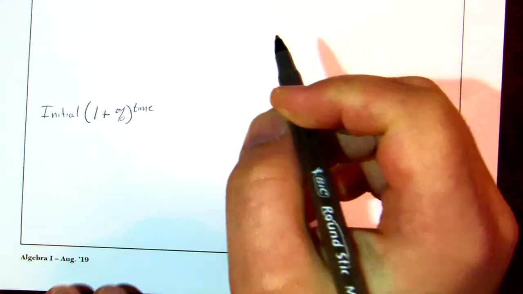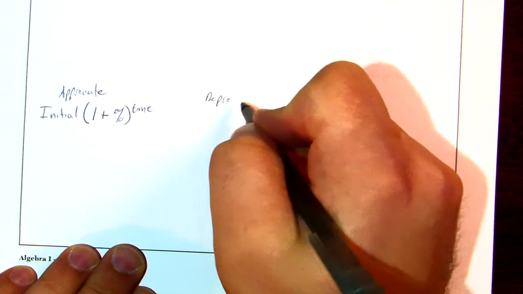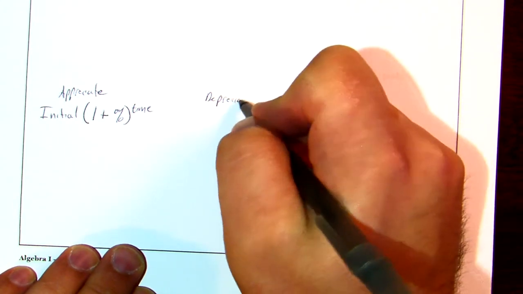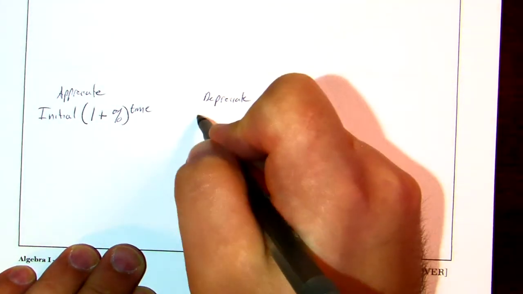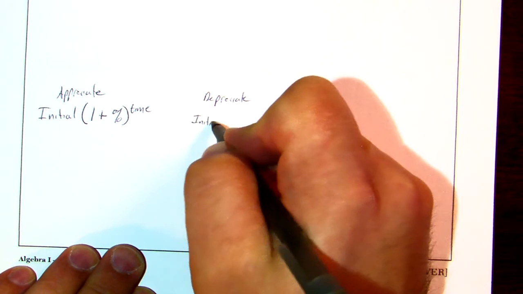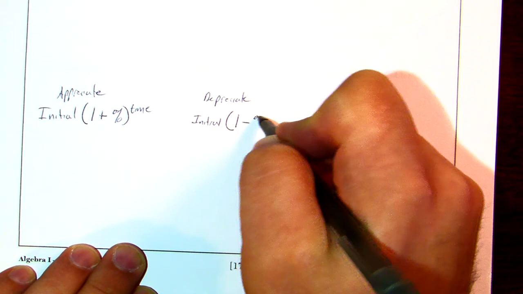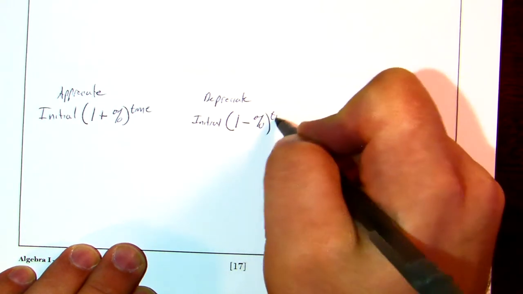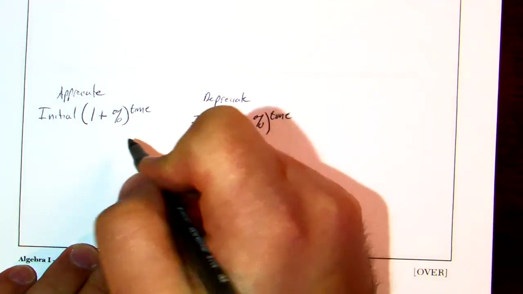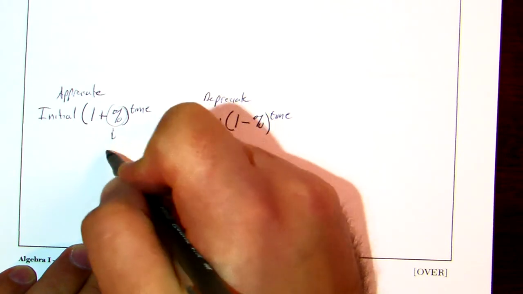This is for appreciation. The other one, depreciation, is the initial times 1 minus the percent to the time. Remember that the percent has to be a decimal.